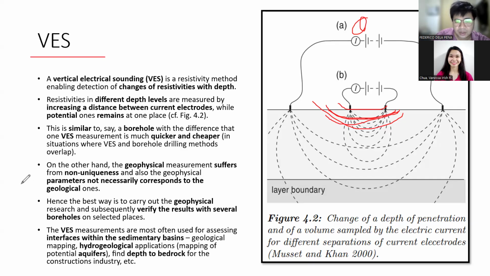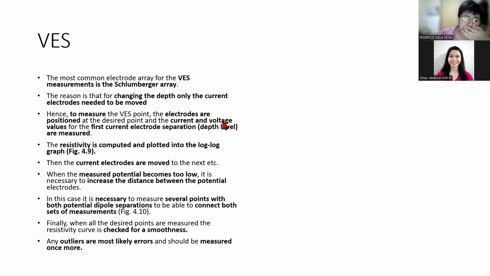It's usually useful for hydrogeological applications like locating aquifers or finding the depth of your bedrock. And the most commonly used array for vertical electrical sounding is the Schlumberger array, because the Schlumberger array only needs you to move the current array.